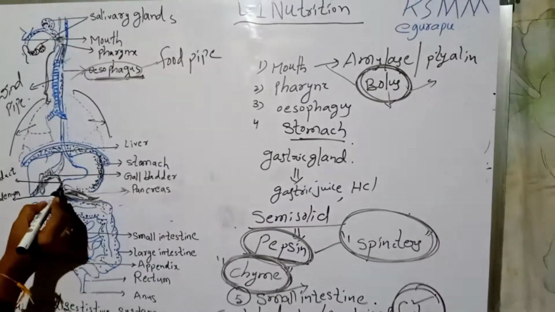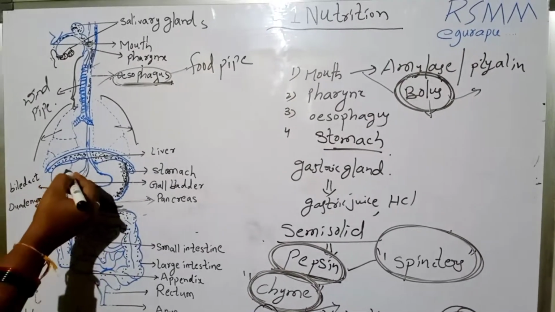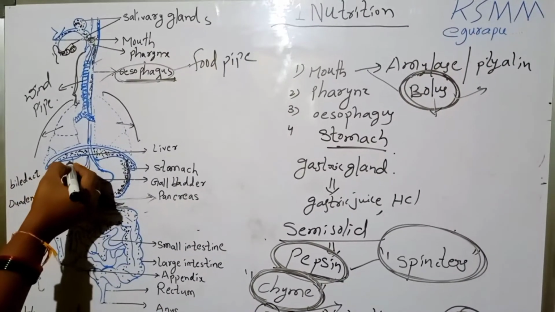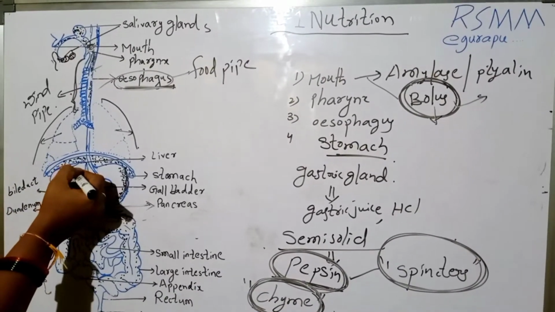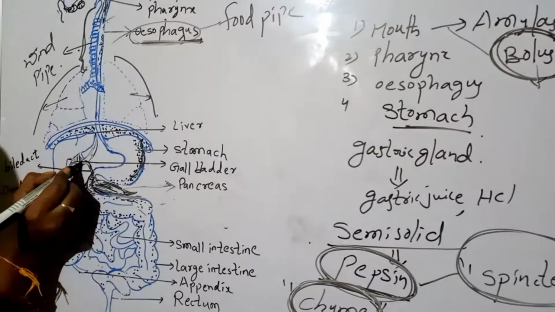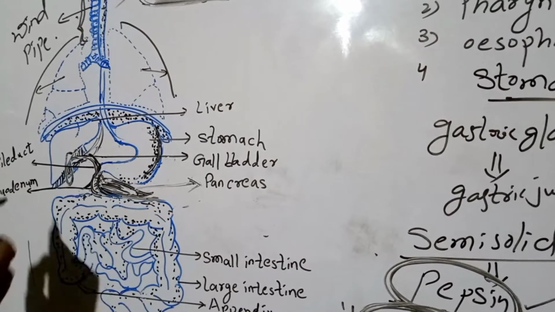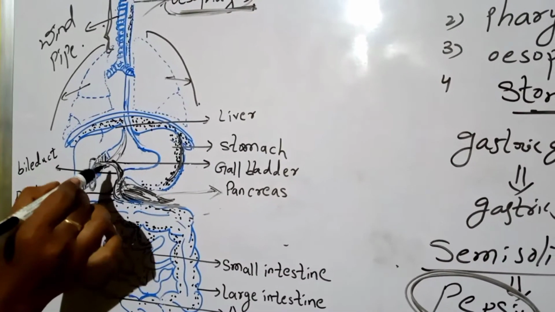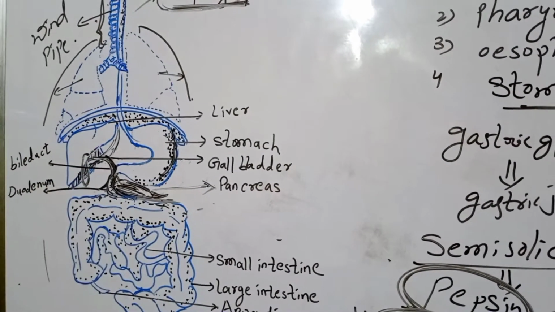It receives the secretions from the liver. This is the liver. The right side of our abdominal cavity contains the liver. This liver secretes bile juice. Bile juice comes from the liver through the bile duct into the duodenum.